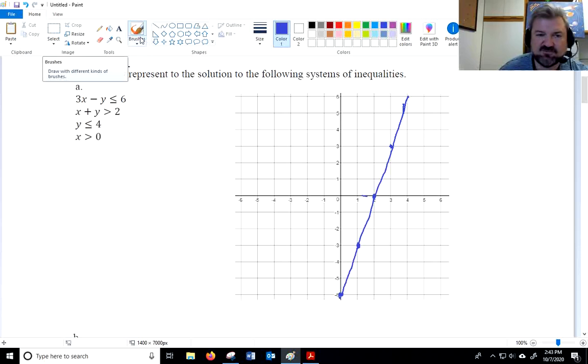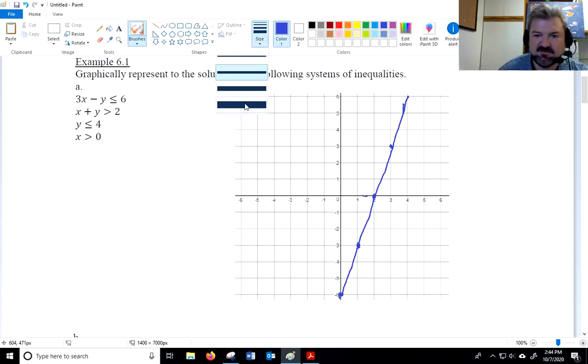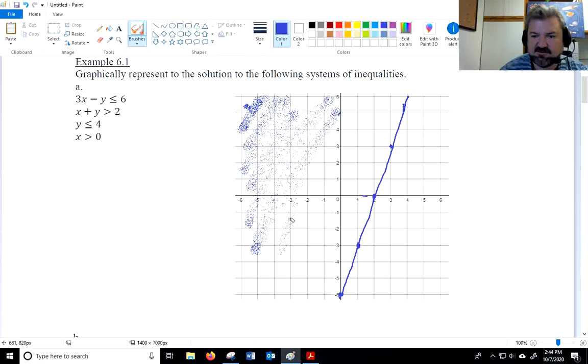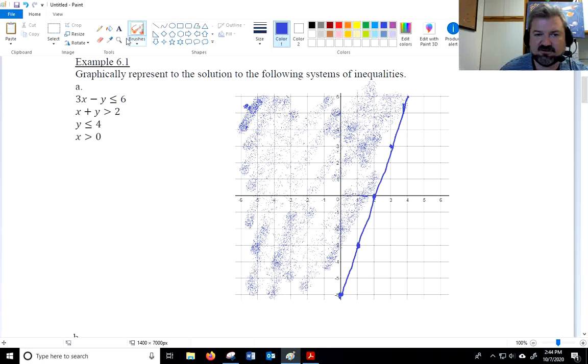I'm just going to use this little spray painter tool here to make it easier. That's perfect. I just want to shade all of this here. Real lightly, because we're going to come back in and darken the answer. And you may even want to wait till the end and do tiny little markings so that you can make your answer clear.